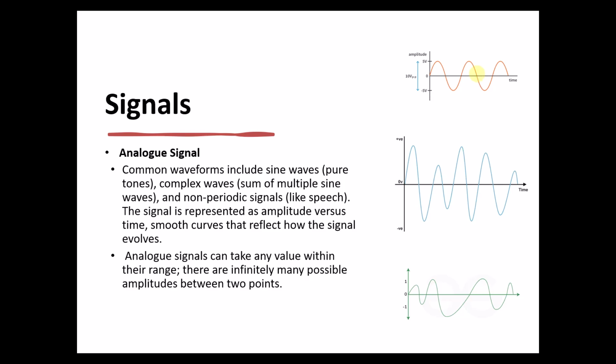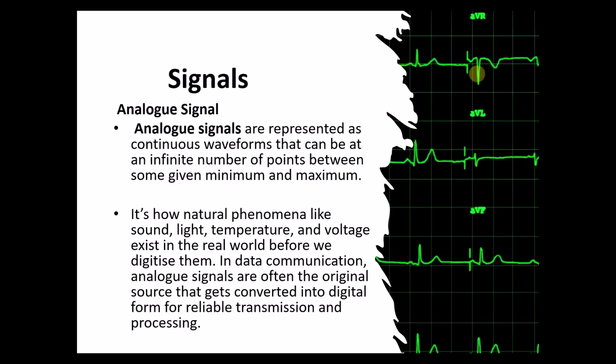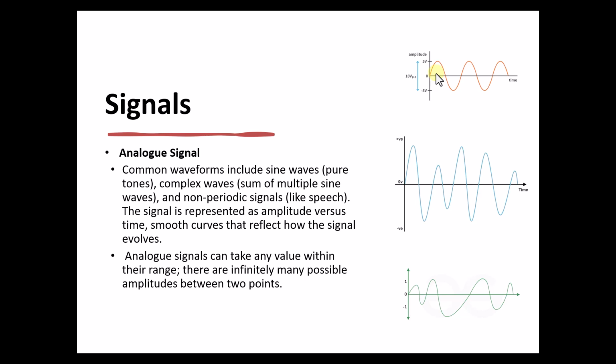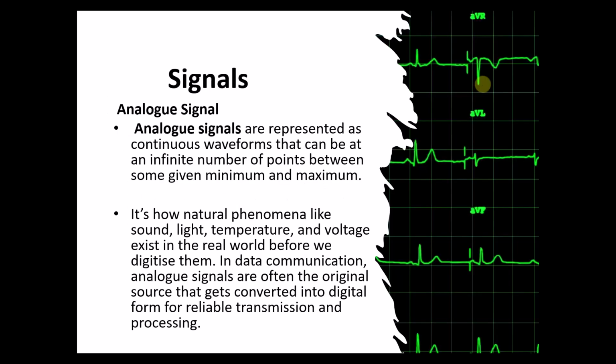The definition for analog signal is saying that it is represented as a continuous waveform. If you look at these waveforms, you can see that there are no breakages. They are continuous. That is the meaning of continuous waveform. And then it can be at an infinite number of points between some given minimum and maximum.